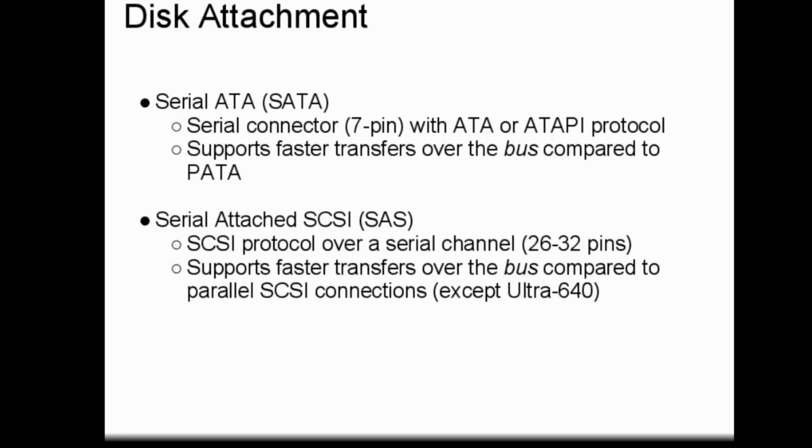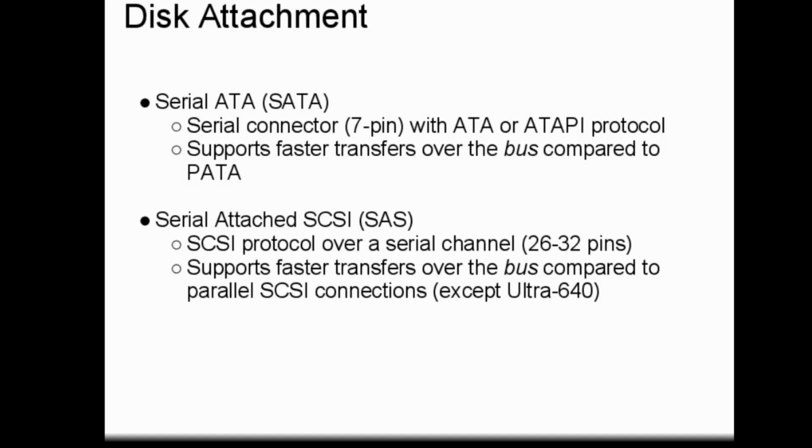Now, in modern times, serial interfaces between the motherboard and the disk have replaced, for the most part, the parallel interfaces. For ATA-style disks, we have serial ATA, or SATA, which replaces the 40-pin connector with a 7-pin connector. It still uses the same protocol, either ATA or ATAPI.